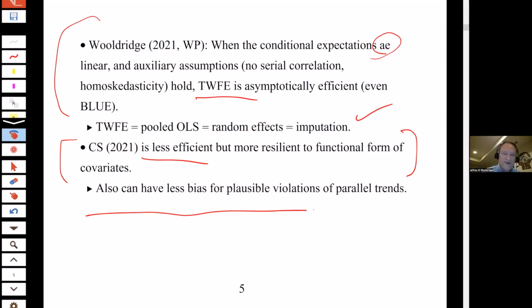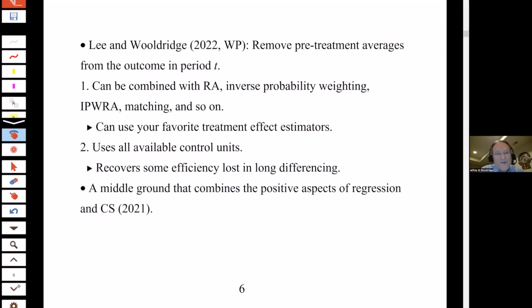Okay, but so there's this trade-off then. If you go with the regression approach, it can be more sensitive to violation of parallel trends, although it's easy to allow heterogeneous trends in the regression approach. I'll mention that a little at the end if I have time. But there's this clear trade-off between having some robustness to functional form misspecification versus having the most efficient estimator. So what Sue and I have done in this working paper, actually, it's my fault, it's not quite a working paper yet.